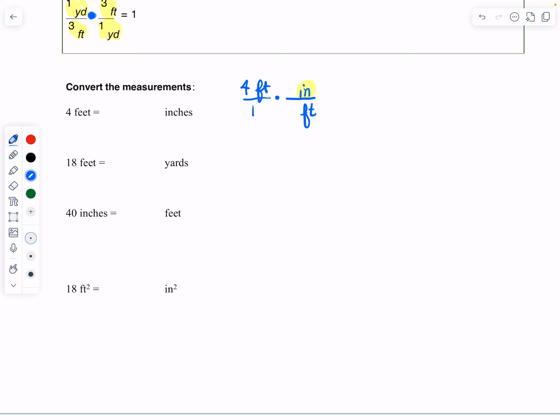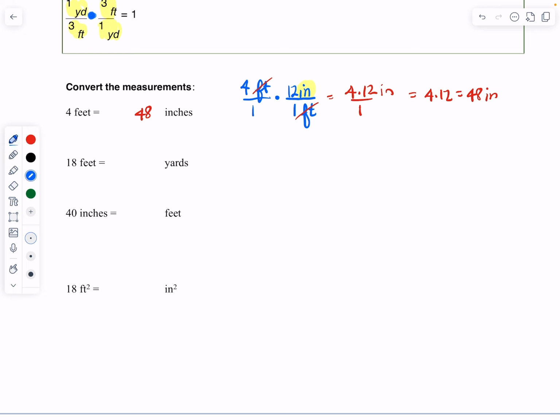Okay, now we use the fact that 12 inches is equivalent to 1 foot. So what happens is the feet cancel out because feet over feet is 1. And then I get 4 times 12 inches over 1. So 4 times 12 is going to give me 48 inches. Okay, so that is the conversion, 48.